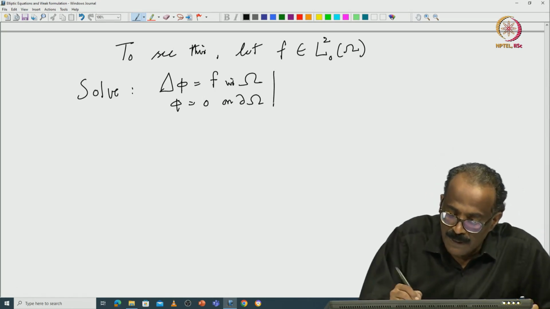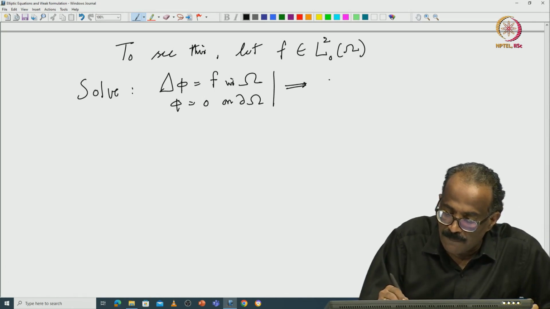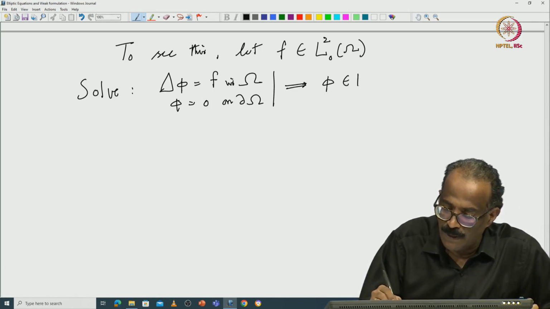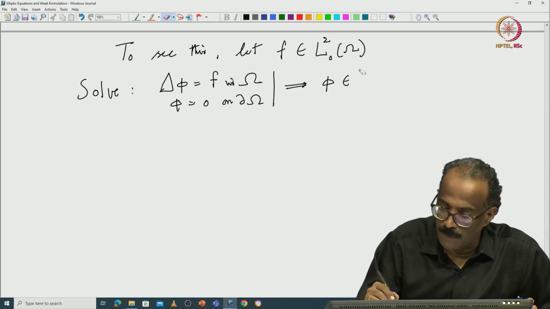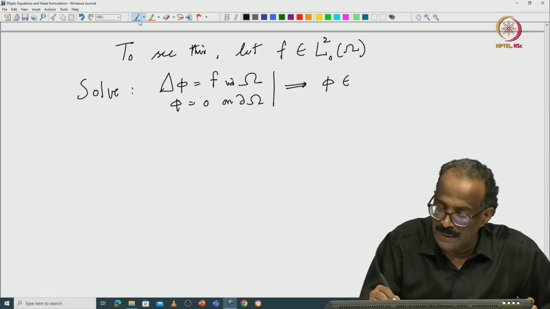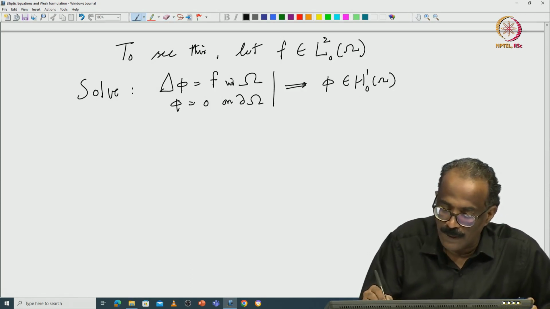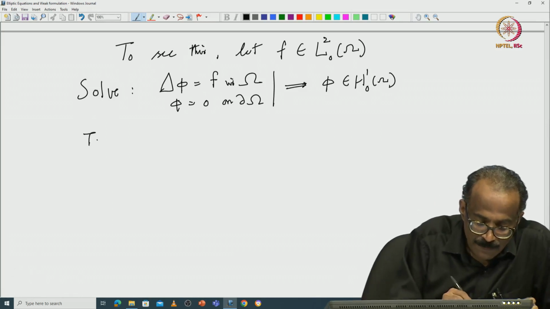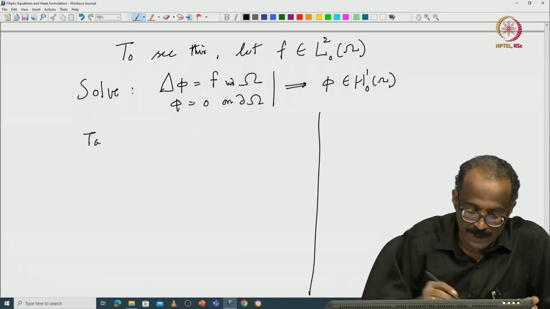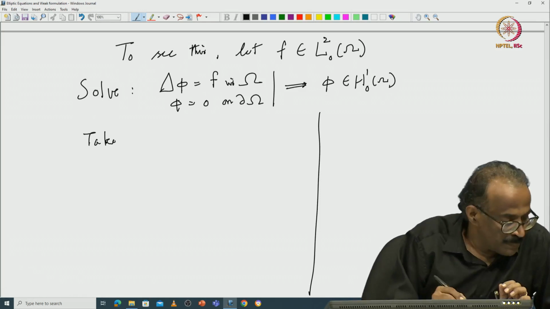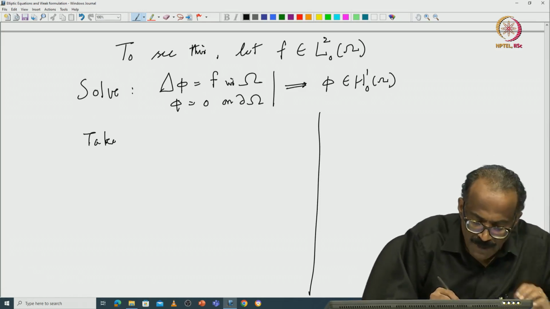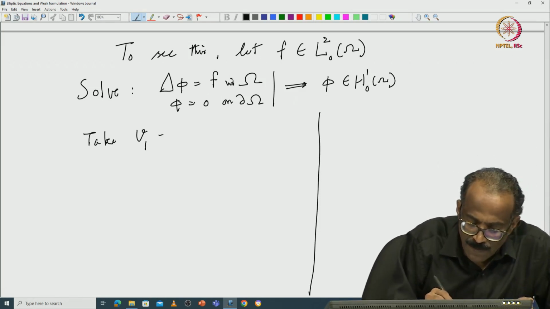And this will give you phi in H1 naught of omega, and you take V1 equal to grad phi.